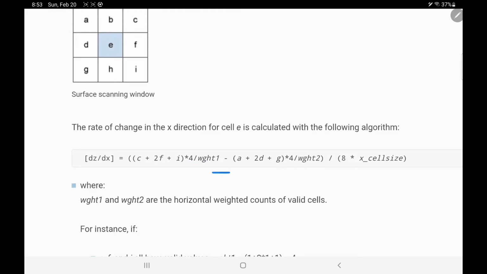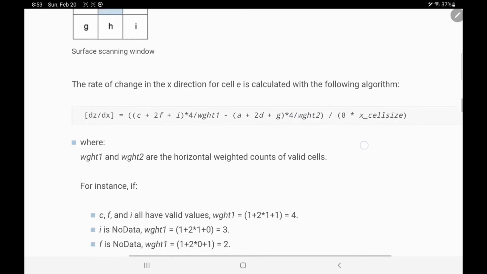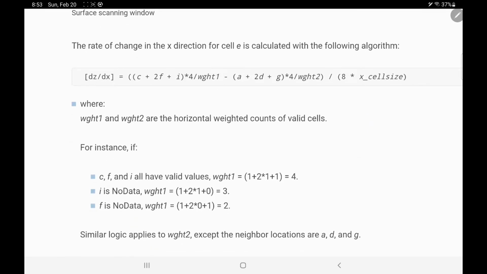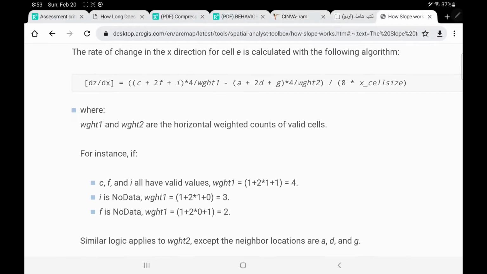In calculating the slope in x, you have weight 1 and weight 2, whereas the weight formulas are as follows. Let's say you have c plus 2f plus i.